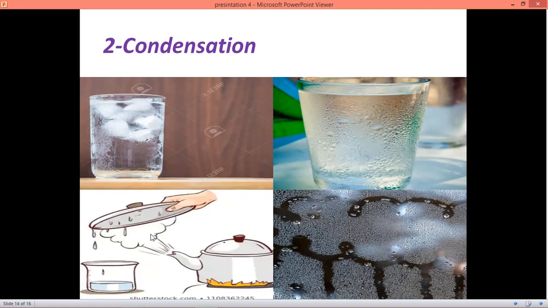And you can see drops of water. This process is called condensation. And look at these pictures, which are all examples of condensation.